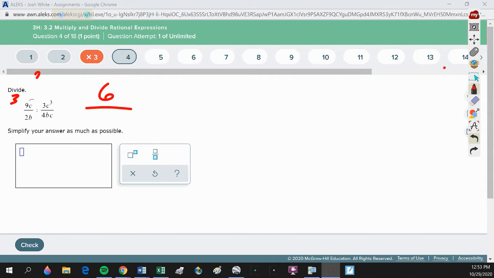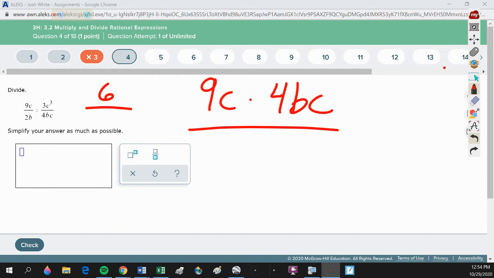So on top there was, oh, yeah, let me rewrite that. You guys can't see what I'm doing. Okay, so 9c times 4bc over 2b times 3c to the third. So on top I have c squared.